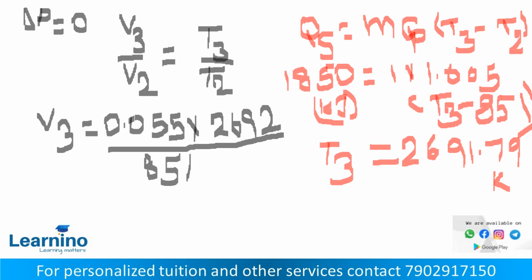What we will get? 0.055 into 2692 divided by 851 is equal to 0.1739 meter cube. Right?